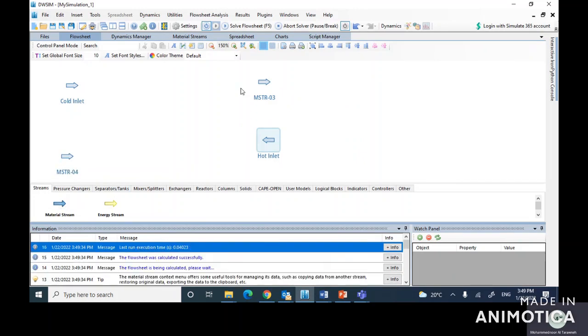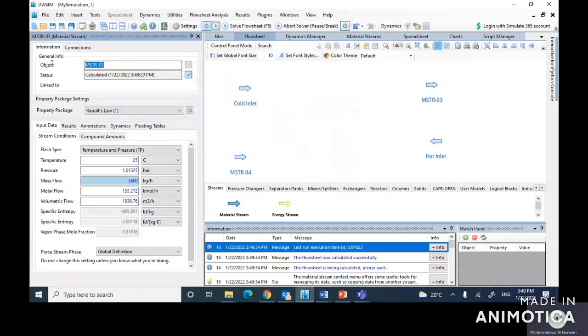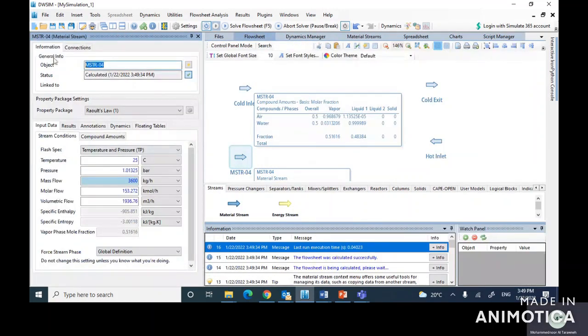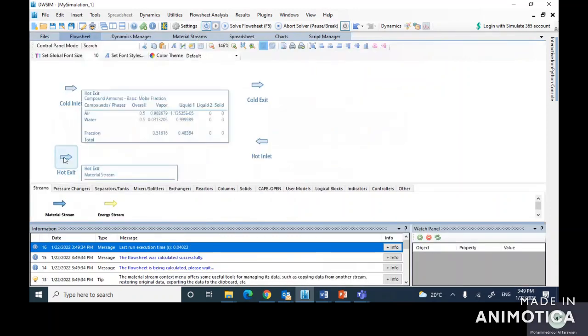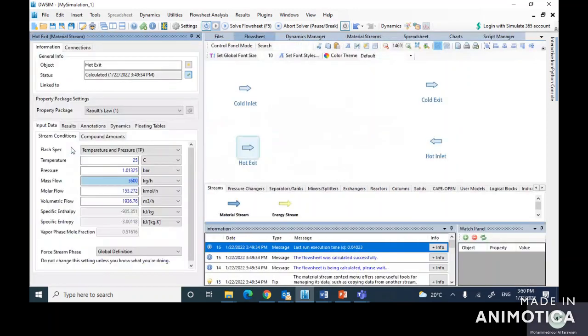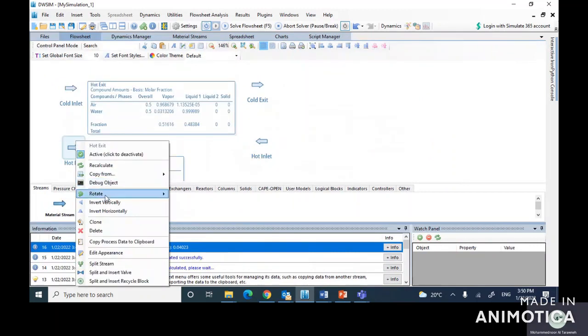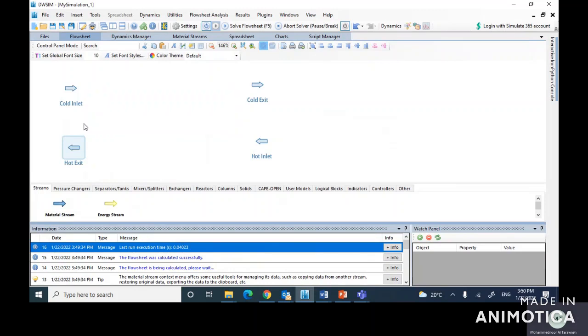This one, we only need to change the name, nothing else, because the software will calculate the specification. So this one is cold exit. And this one is the hot exit. Once again, let's change the direction of this one. So click on it, go to rotate, and -80.